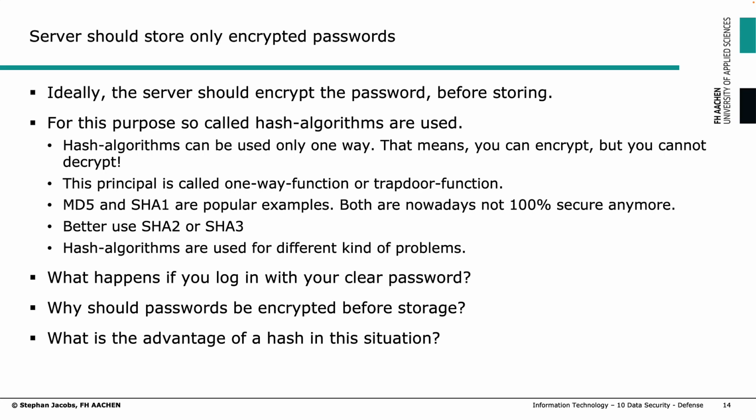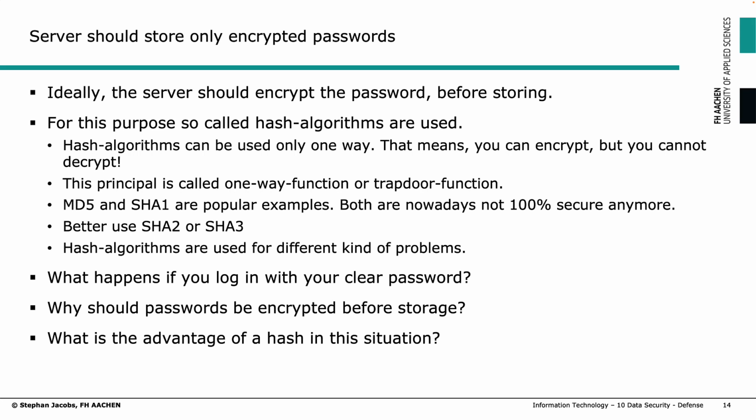So if, let's say, an attacker steals a list of encrypted passwords, he just knows the encrypted ones, but is not able to decrypt based on what is in there. These functions which just go in one way are called trapdoor functions.